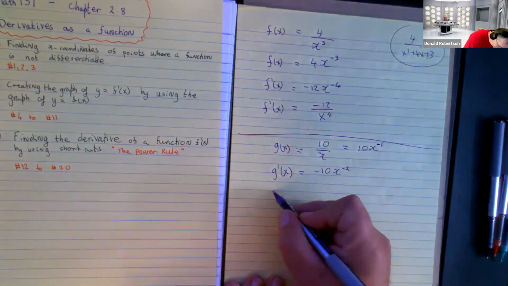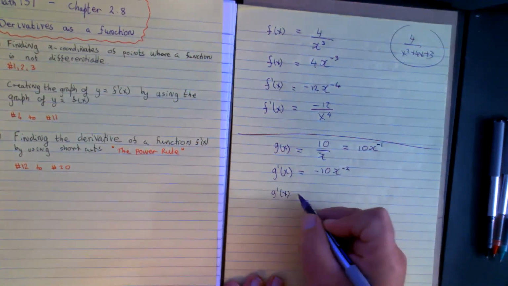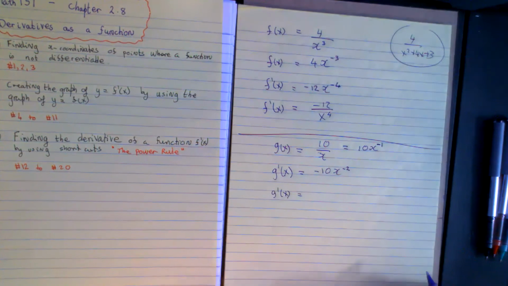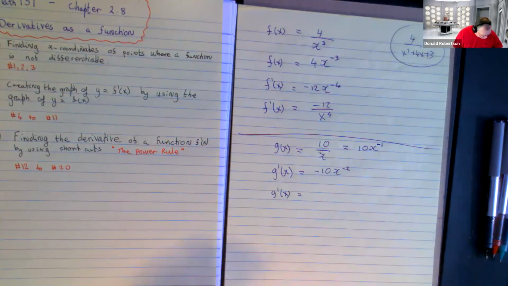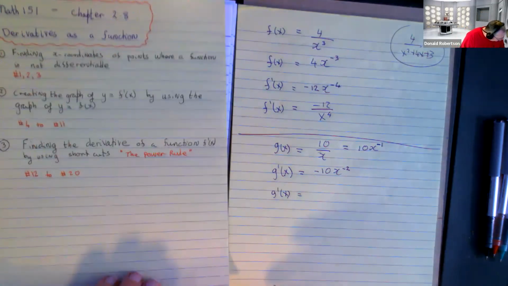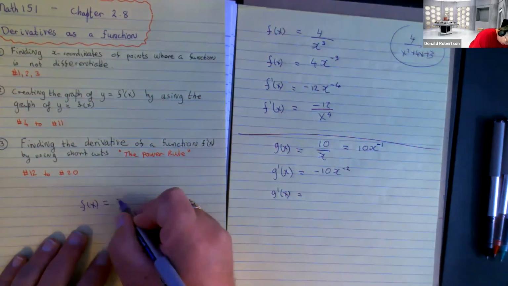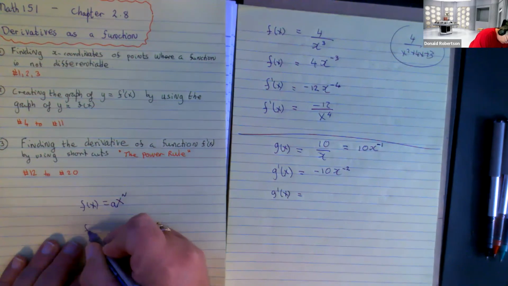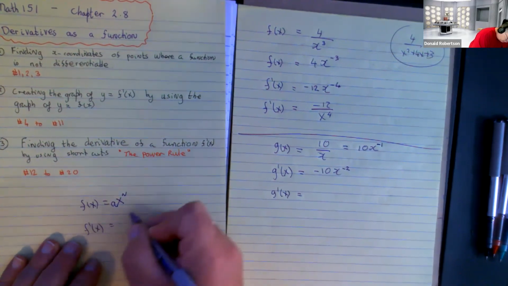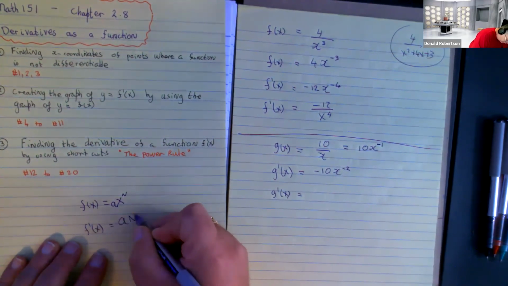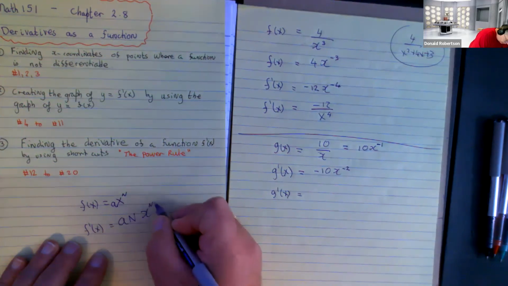Now style points kicks in. So why does it proceed in that manner? Is it the same as regular order of operations? Well, the way the power rule works, if I got my power rule written down, I'll do it again. The power rule says if you want to find the derivative of ax to the n, then you multiply by the power first, and then you reduce the power by 1.